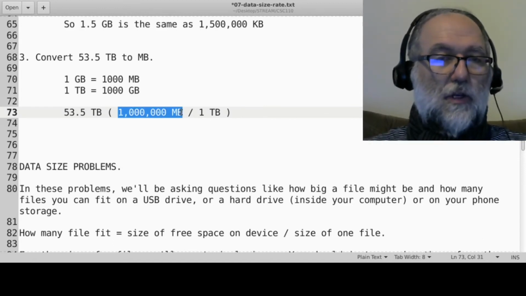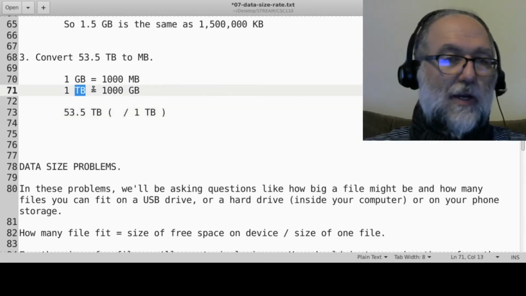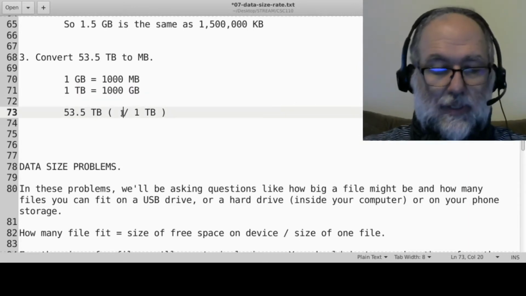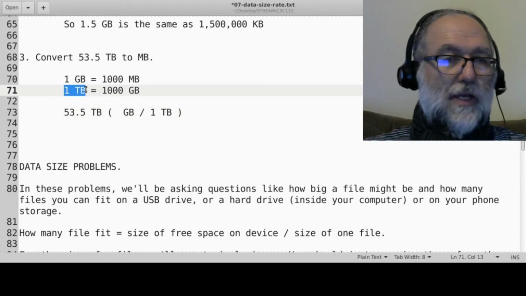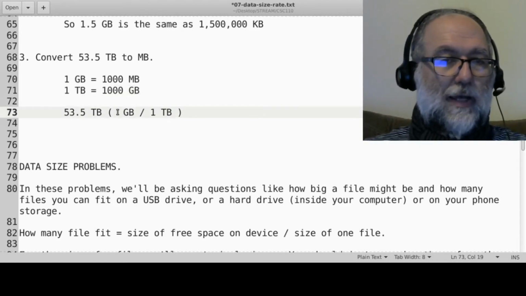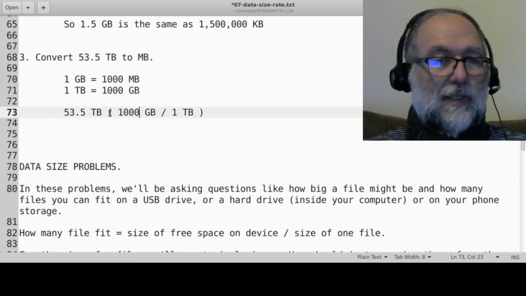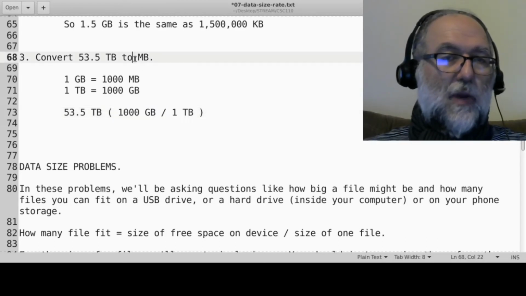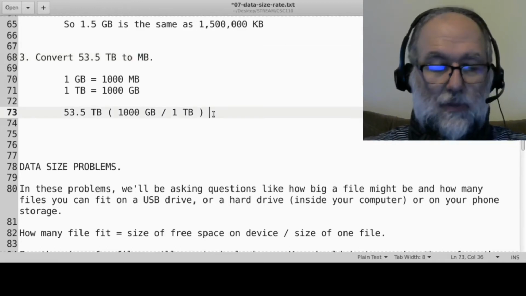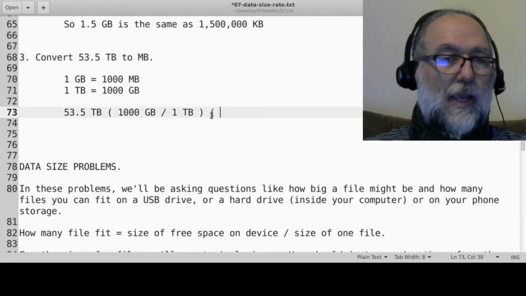Instead of going right to a million, you could say, okay, well, I got to go from tera, and the next one down is giga, like this. And then you say, okay, well, 1 terabyte is equal to 1,000 gigabytes, like that. But that doesn't get me all the way down because I got to go down 1 more step to megabytes. And then you can say, okay, well, let me make another fraction here.